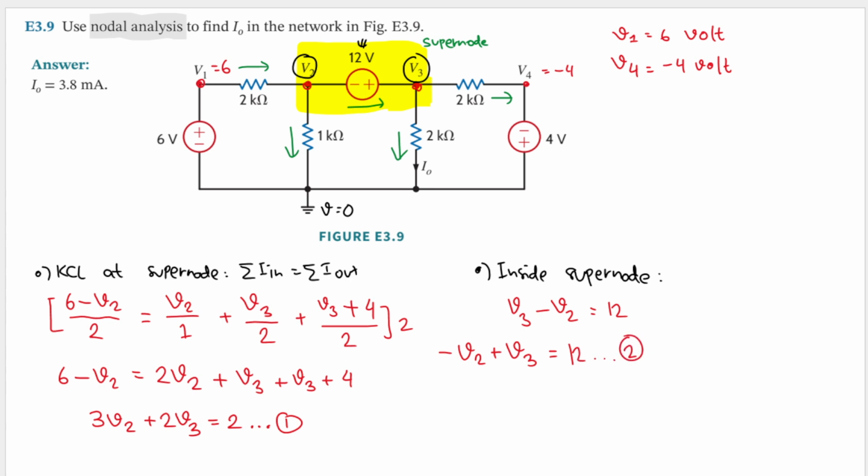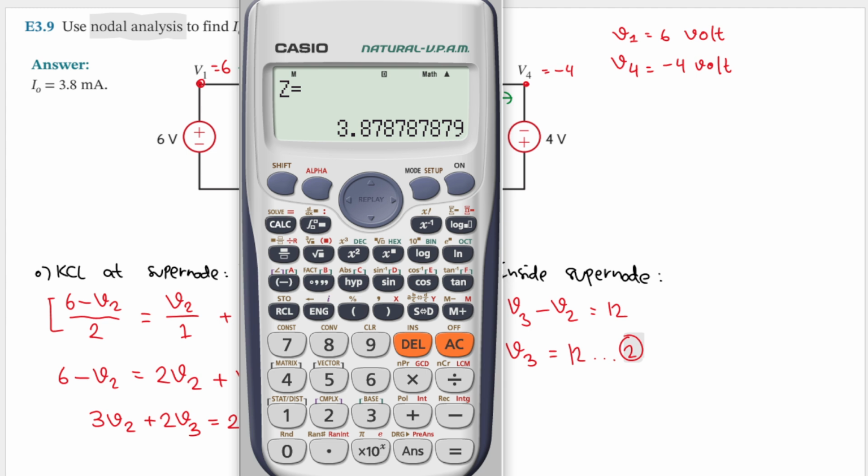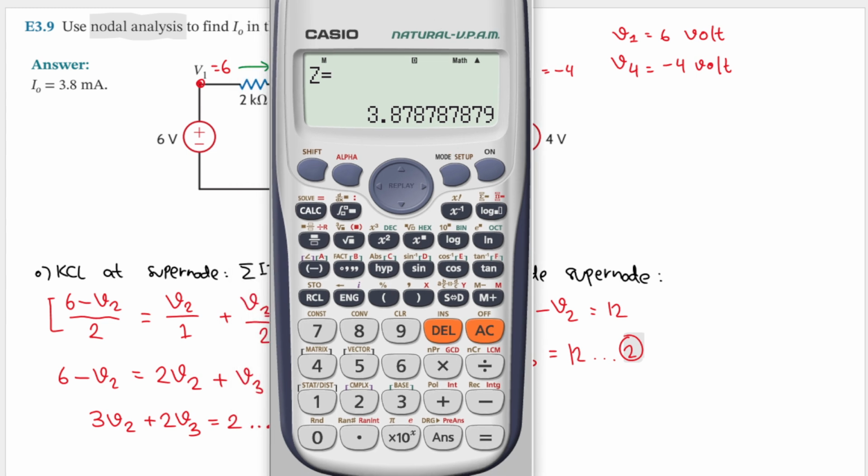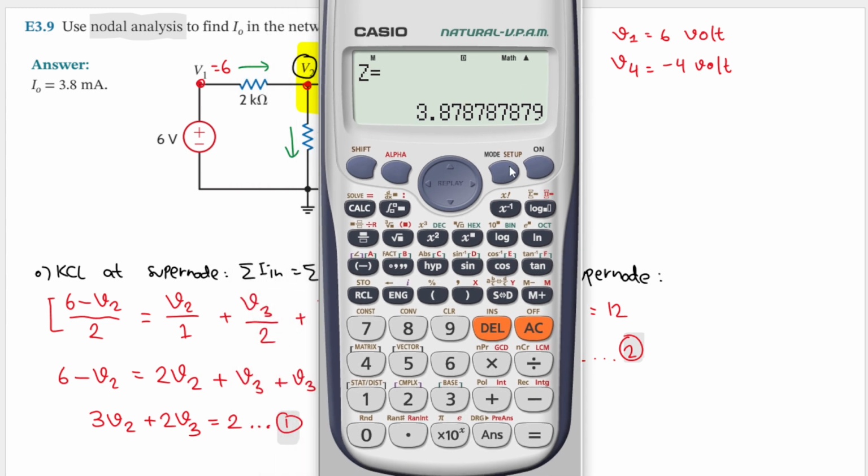So we have a simple linear system of equations with two variables. This is equation number 1, and this is equation number 2. We can get V2 and V3 by plugging them into a calculator, or you can use manual techniques, but the fastest way is the calculator.